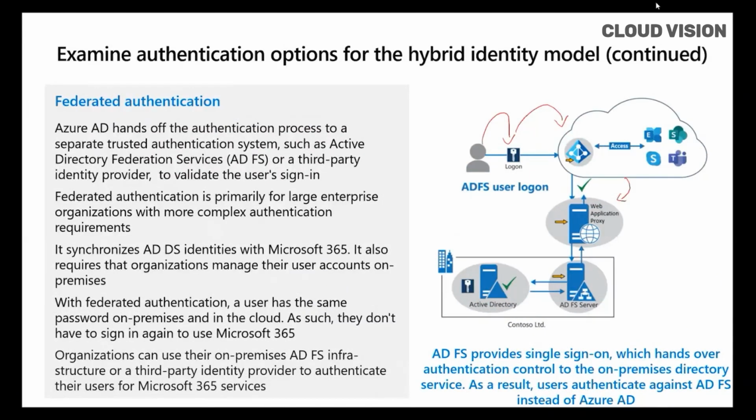Now, the web application proxy servers will relay this request back to your ADFS server, which will validate against your on-premise Active Directory to see whether the credentials that are provided by the users are correct. If the answer is yes, this information will be relayed back to Azure Active Directory, who will finally authorize the user's sign-in request.